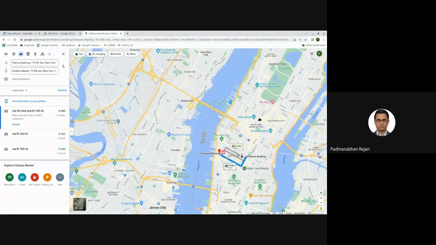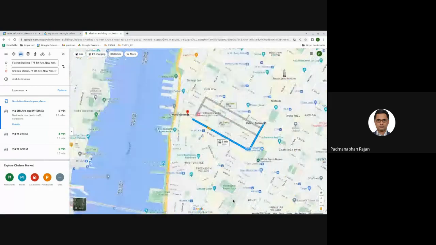The streets of Manhattan are completely a grid. The long ones are avenues, and across the island there are streets. Suppose you want to go from Chelsea Market to the Flatiron building, a landmark in New York, from here to here.